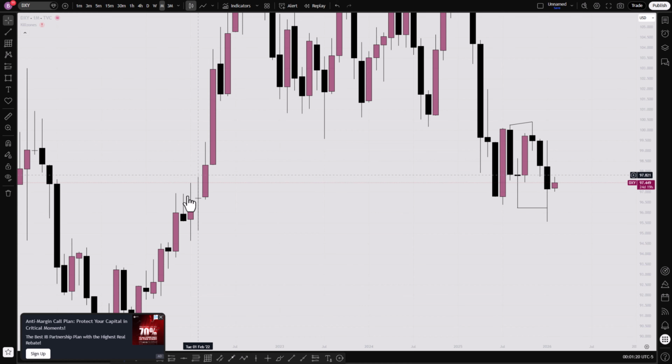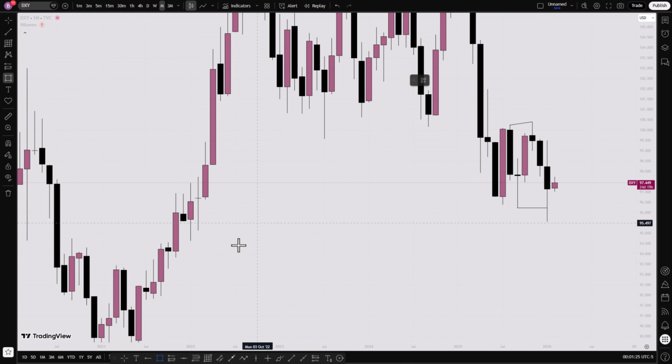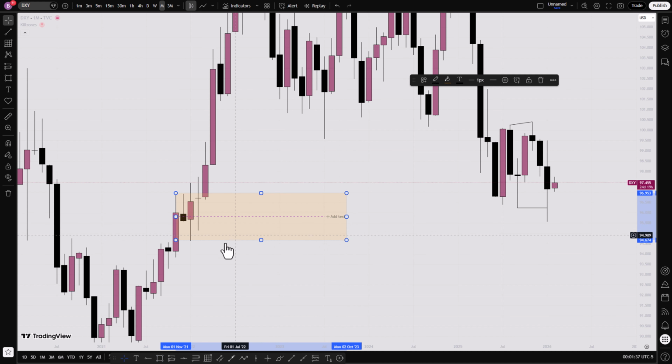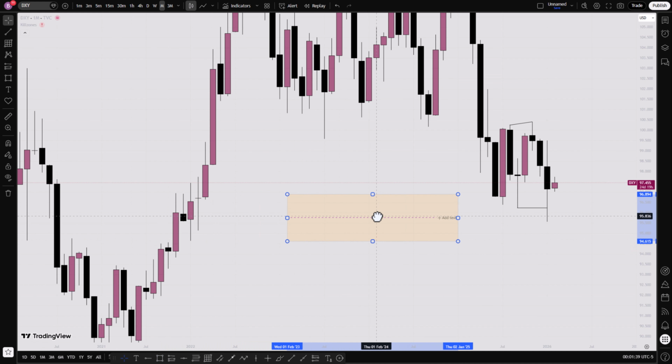So if you look at the left, we have this here. When price went bullish, price retraced back. So here is a level that price is reacting from. So we have something like this.